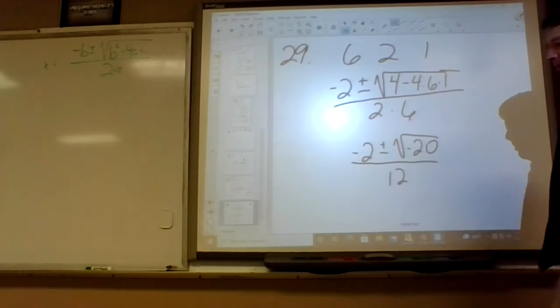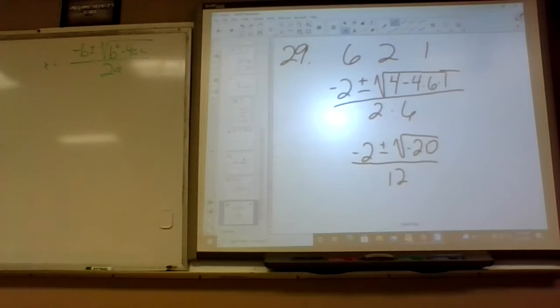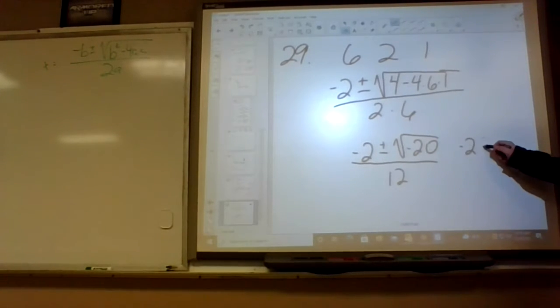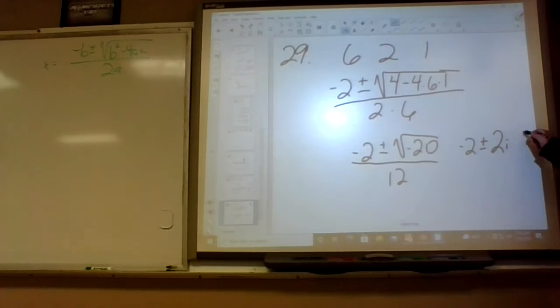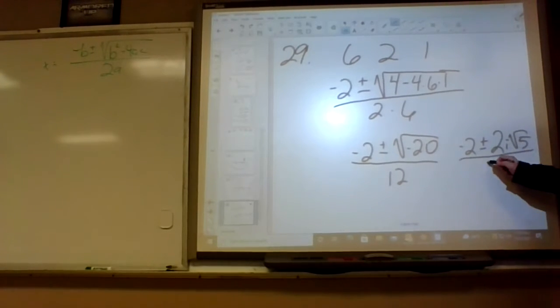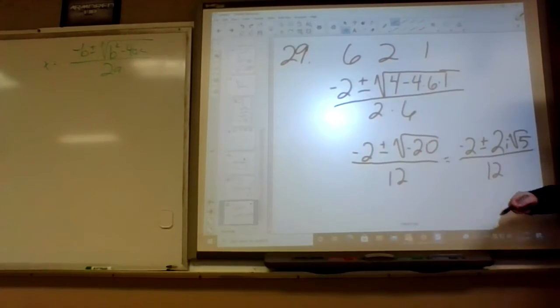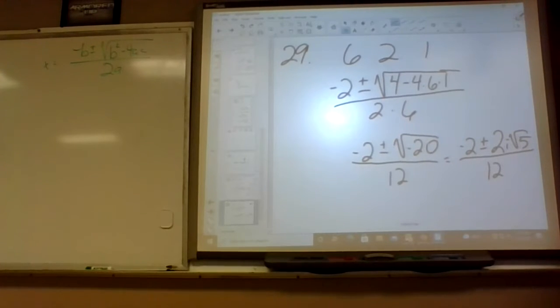You guys know how the square root of negative 20 simplifies? It's 2 square root of 5, and it's imaginary. So it's negative 2 plus or minus 2i square root of 5 over 12. You can press simplify.